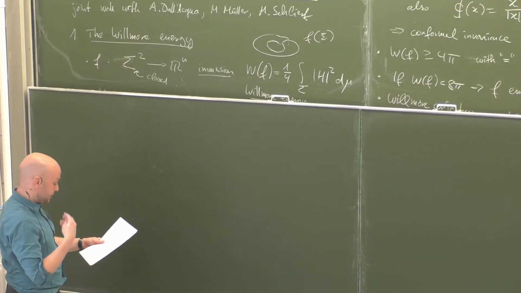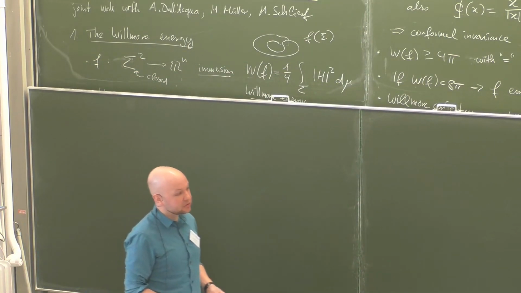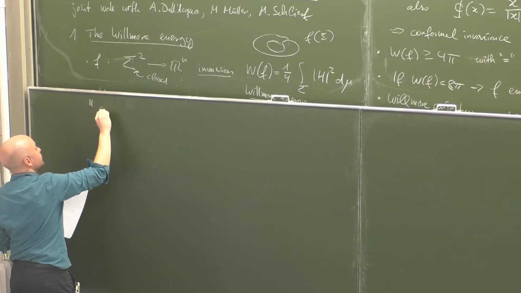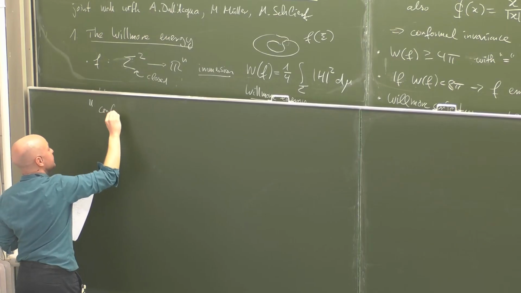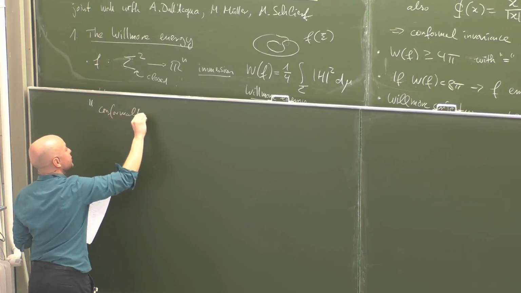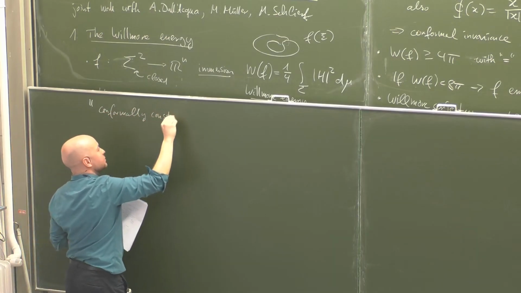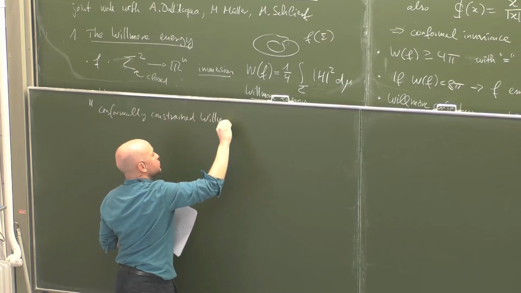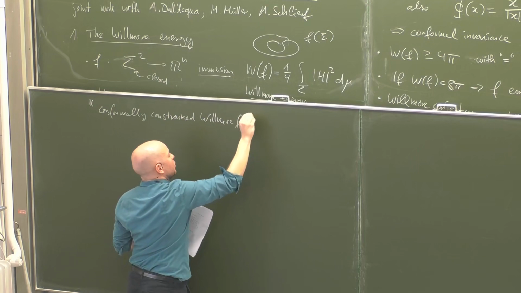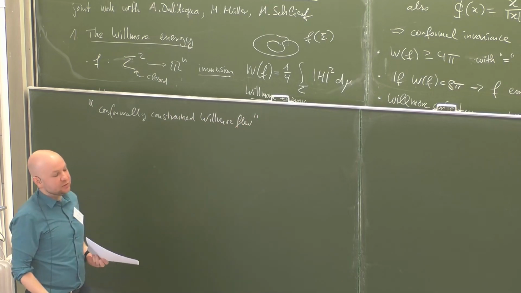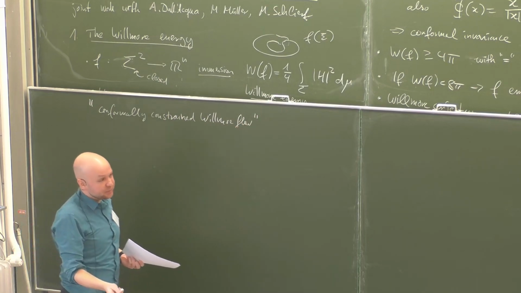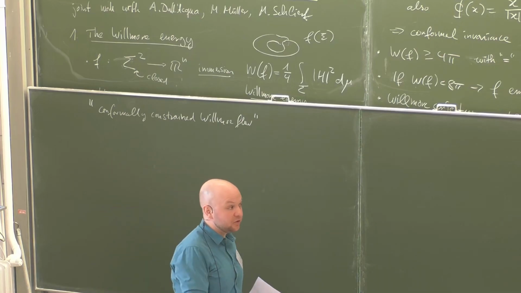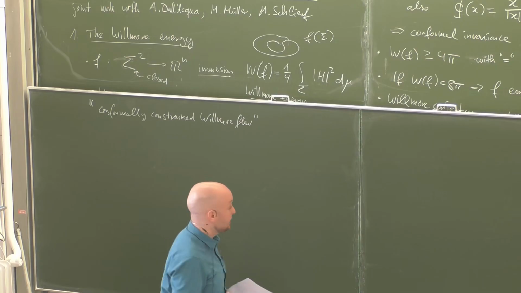Okay, and now with realizing this constraint, we can at least formally define, in quotation marks, the conformally constrained Willmore flow. Well, what we want to do is go in the direction of steepest descent, but only the one which is allowed by preserving the conformal class.